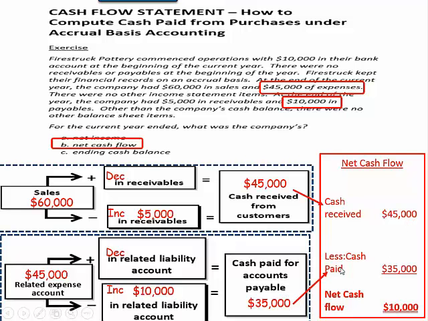That's the cash that I paid. So my net cash flow for the year should be equal to $20,000. And again, the reason it's not the $10,000 is because I had the $10,000 error on the cash received. So my net cash flow is $20,000. That's very simply how I compute net cash flow from this.